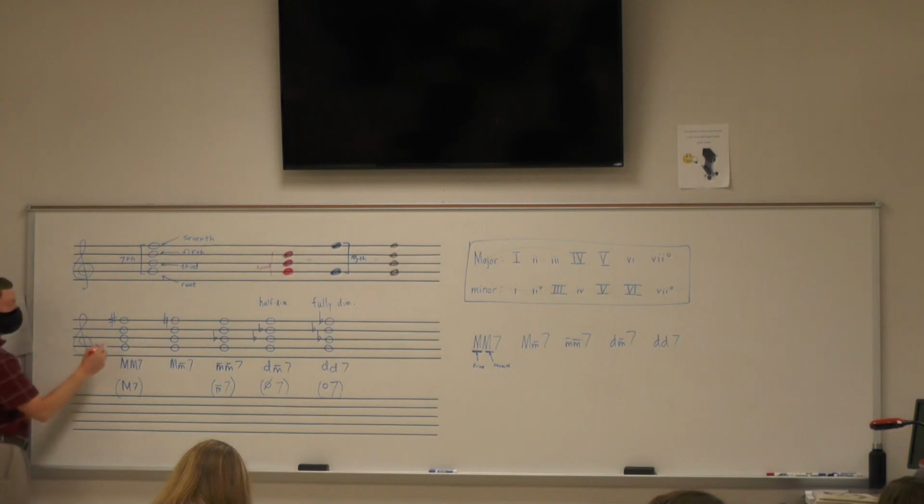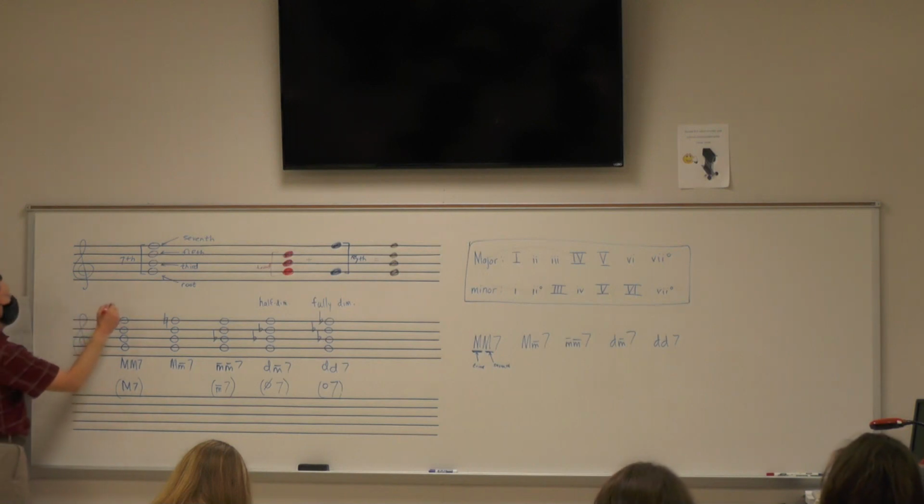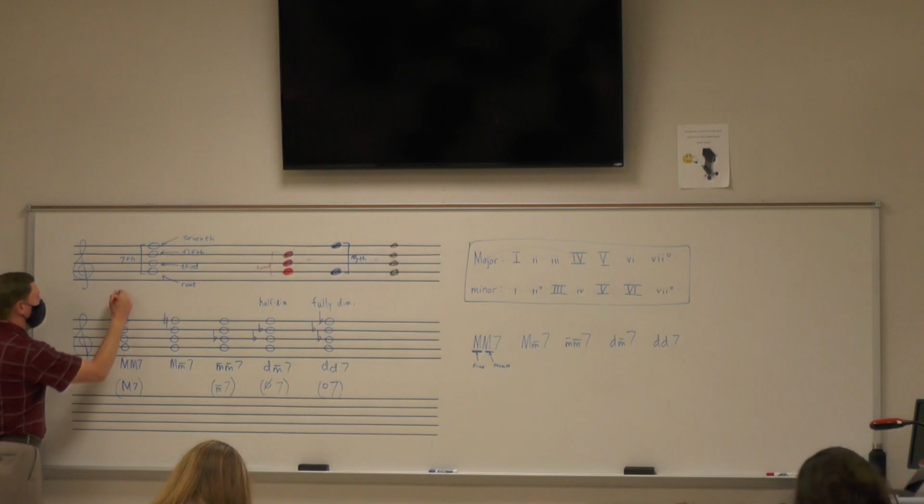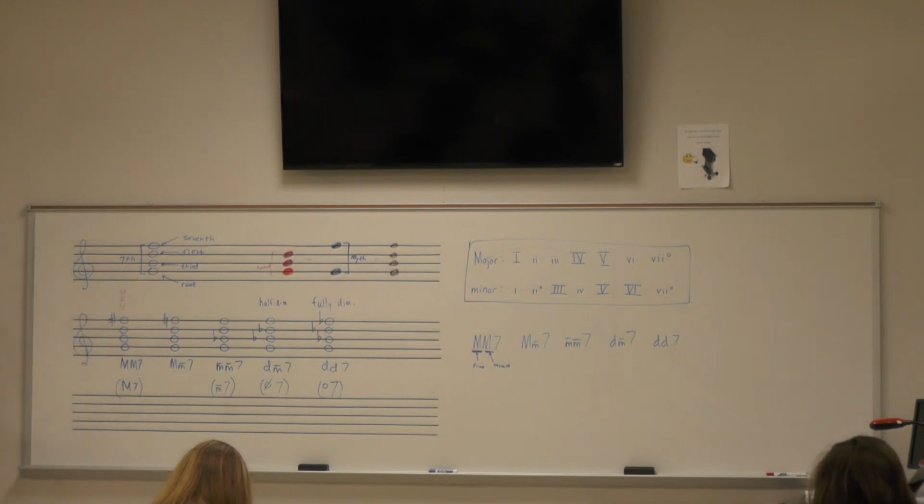But if you really want to know, and you check all the intervals of the thirds as you stack them up, the major seventh chord consists of a major third on the bottom, a minor third in the middle, and a major third on the top.